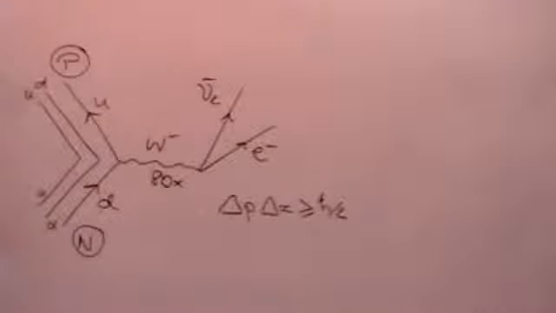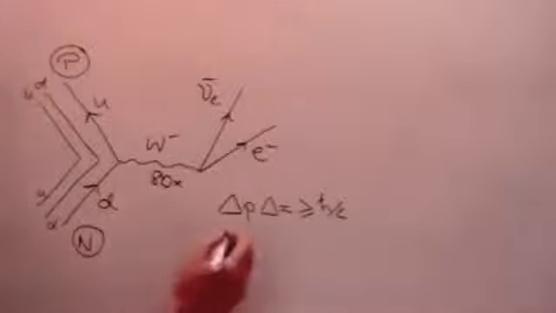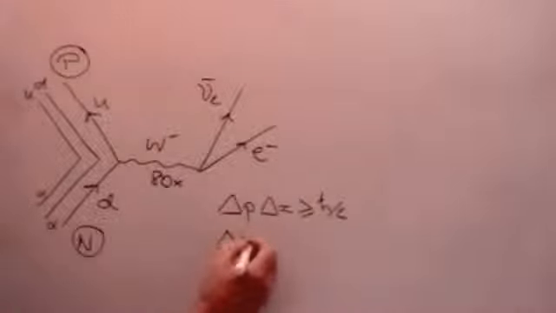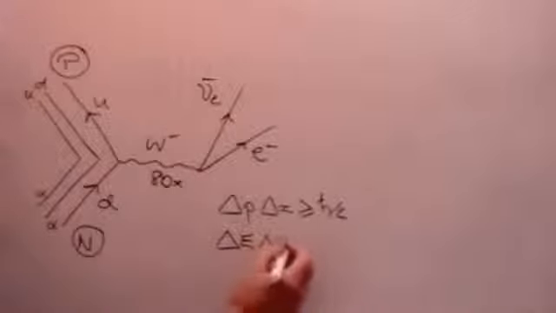We developed that in quantum mechanics concepts. But there is another version of that principle that says that delta E delta T is less than h bar. And what we're saying is that you can have an uncertainty in energy over an uncertainty in time as long as it's less than h bar.